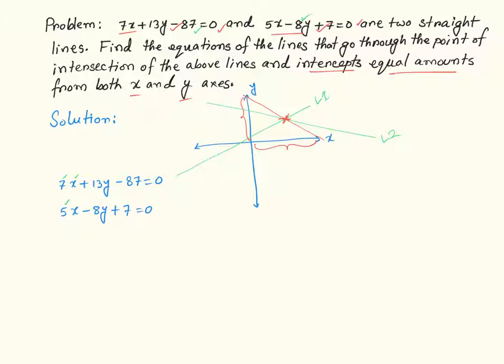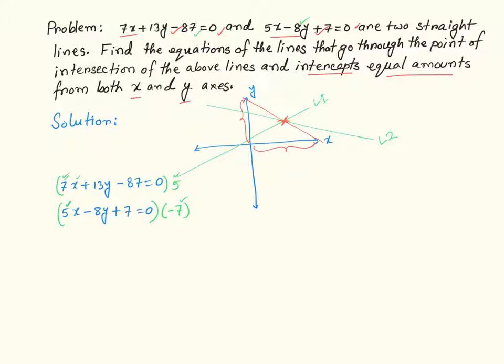So let's say I want to make this one positive 35. I need to multiply both sides of this equation by 5 and both sides of this equation by negative 7, because 5 times 7 is 35, then negative 7 times 5 is negative 35, and then I'm going to add the resulting equations.